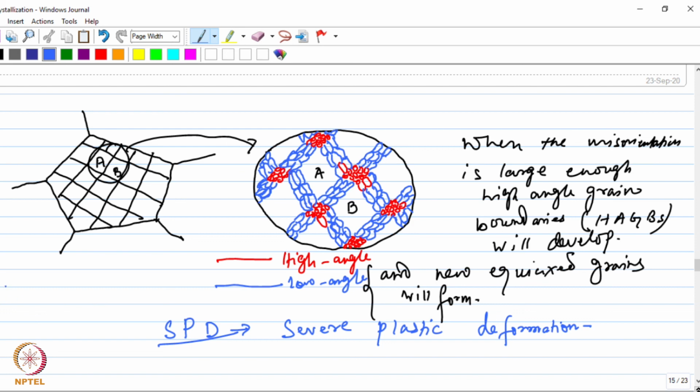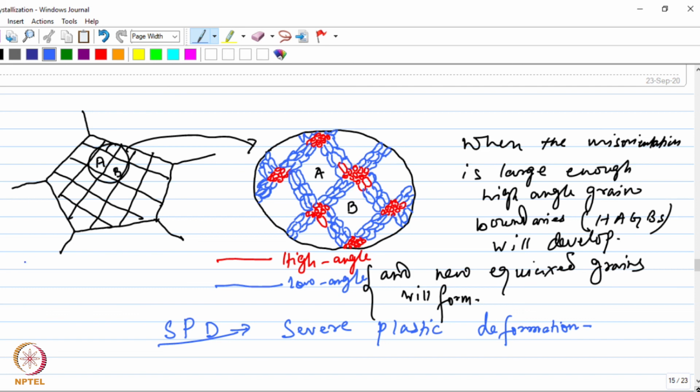and which mechanism will be prevalent in a particular material, that of course depends on the material property, right, as we talked about, but it might also depend on the deformation conditions in terms of the temperature, strain, and strain rate, right?